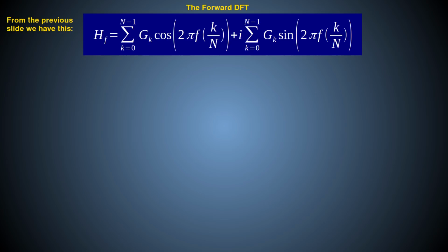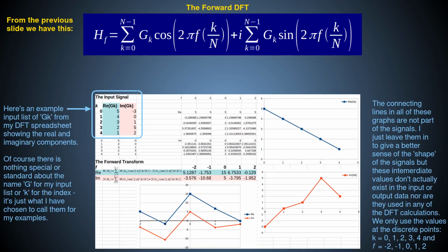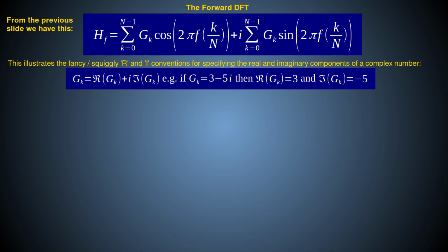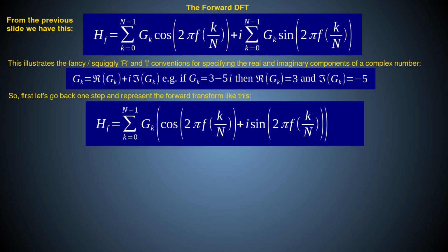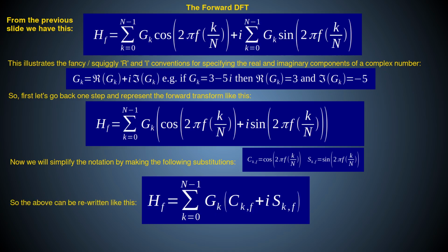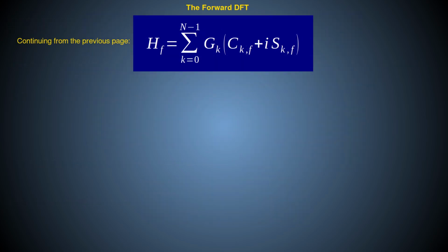Remember that the input function, the g_k, is a list of N complex numbers, so each number in this function has 2 components, real and imaginary. Because we're going to manipulate this formula a bit, first let's simplify the notation by substituting the big sine and cosine terms for just this capital C and S notation. We'll put the full sine and cosine terms back in later.